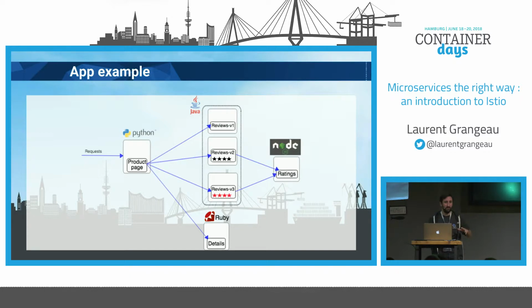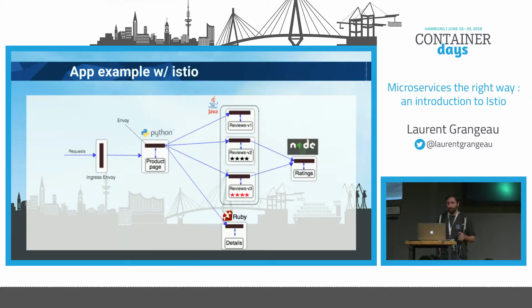So this is an example of an application developed in Kubernetes. This is how you deploy or design your stack. And with Istio, this is a little bit different because each black box here is the Envoy proxy. So you see that the Envoy proxy is injected at runtime on your pod.